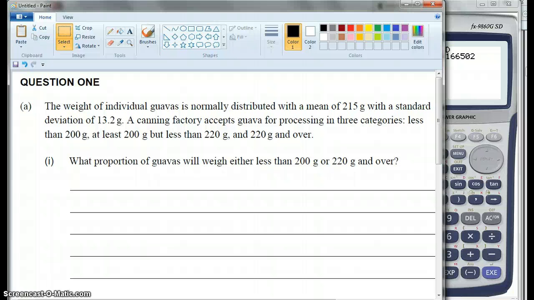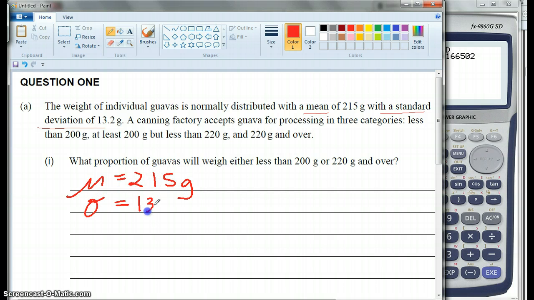Okay, here's an example from the sample paper. Alright, so we are given a mean and a standard deviation. So that's always a good thing to notice, the language, because we've got a mean of 215 grams and a standard deviation of 13.2 grams.